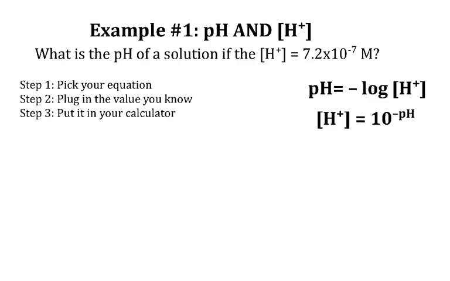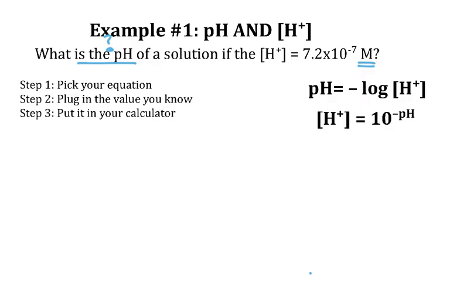All right, so if we go through some examples of doing some calculations between pH and our hydrogen ion concentration. So what is the pH of a solution if the hydrogen ion concentration is 7.2 times 10 to the negative 7th molar? Because this is a concentration, those hydrogen concentrations are always going to have a molarity unit. So first step is picking our equation. So what is the pH? We're looking for pH.